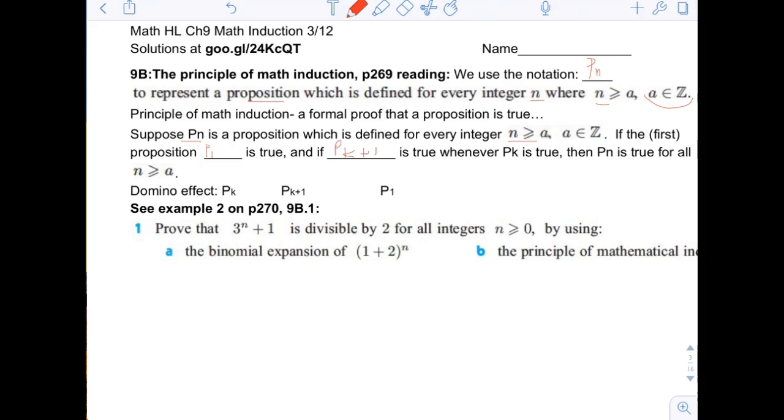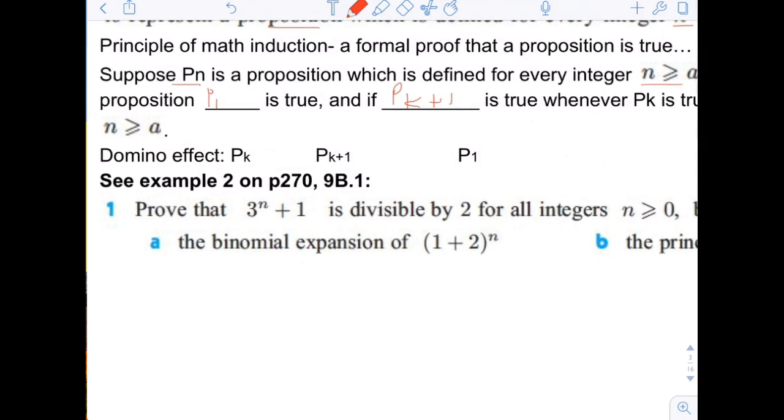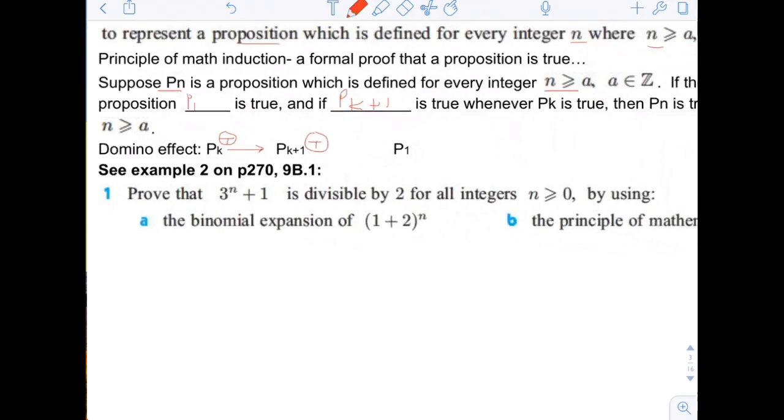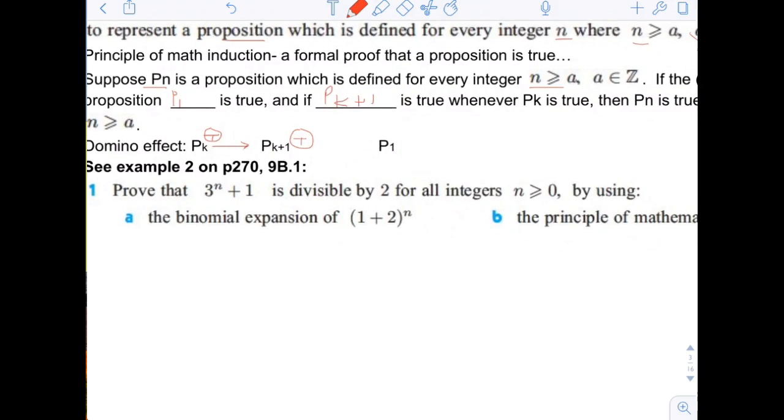equal to a. So some people talk about how math induction is like a domino effect, where if you show that P of k is true leads to P of k plus 1 is true, then by showing that P of 1 is true, you can show that P of 2 is also true.